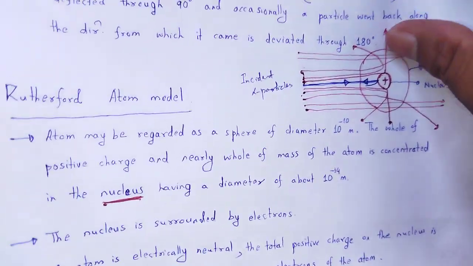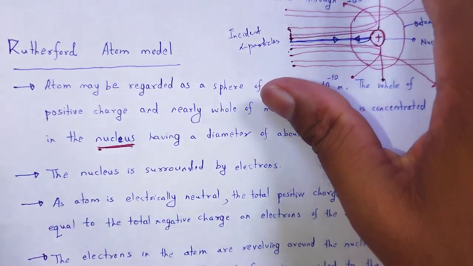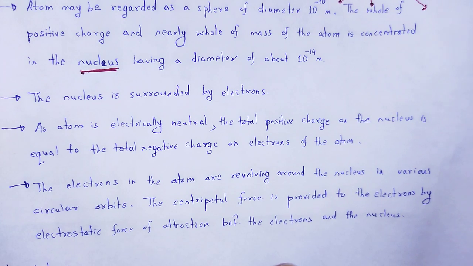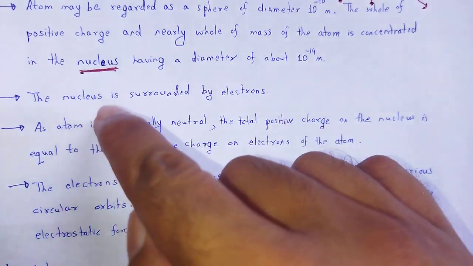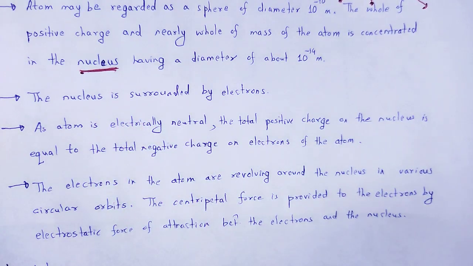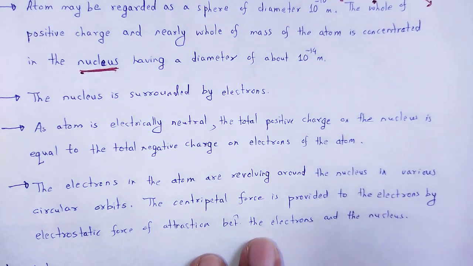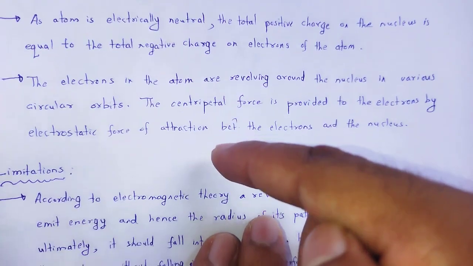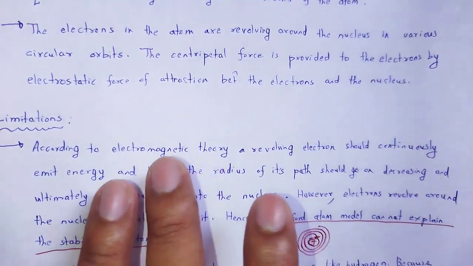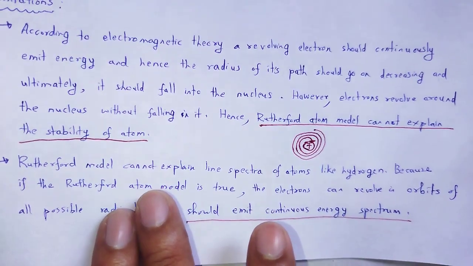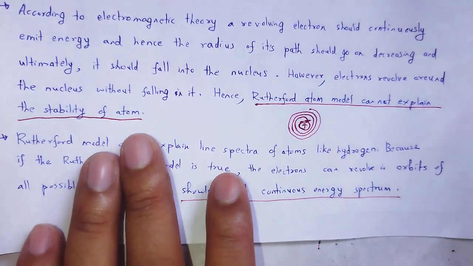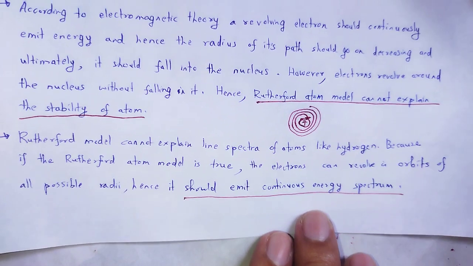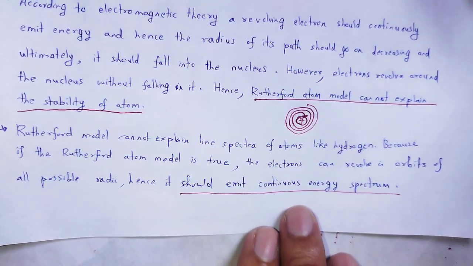By taking these observations, Rutherford proposed his atomic model. Basically that atomic model is based upon the nucleus, the discovery of the nucleus due to this famous alpha particle scattering. And finally, the limitations of Rutherford's atomic model: basically it does not explain the stability of the atom and the spectrum as we notice in the case of the atom.